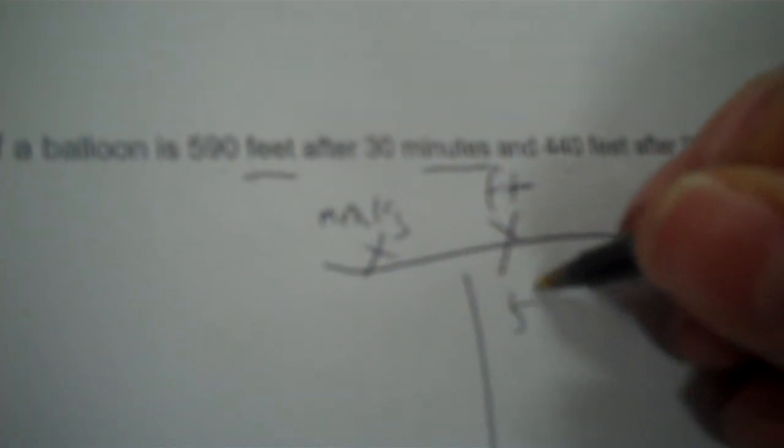Example 4, the altitude of a balloon is 590 feet after 30 minutes and 440 feet after 90 minutes. So I make a table, x, y, minutes is x, feet is y. So 590 with, by the way, the rate of change is expressed as feet per minute.